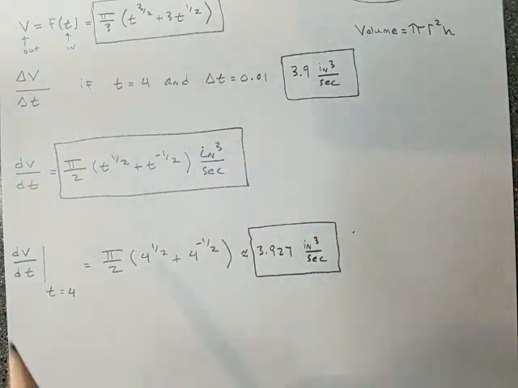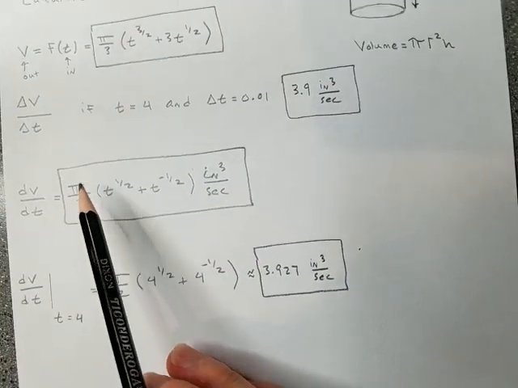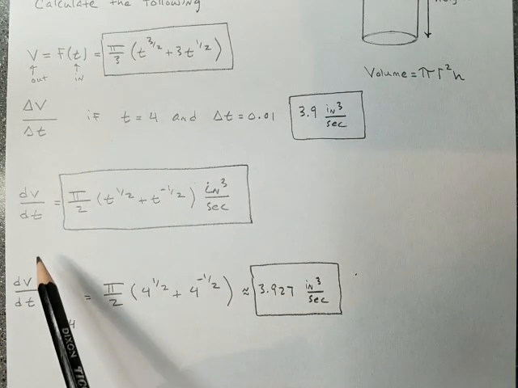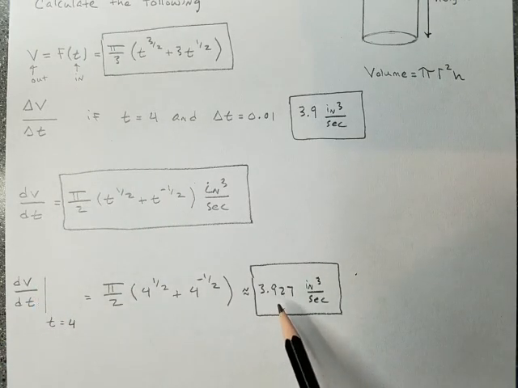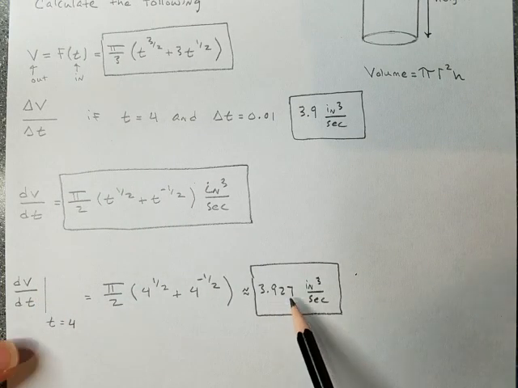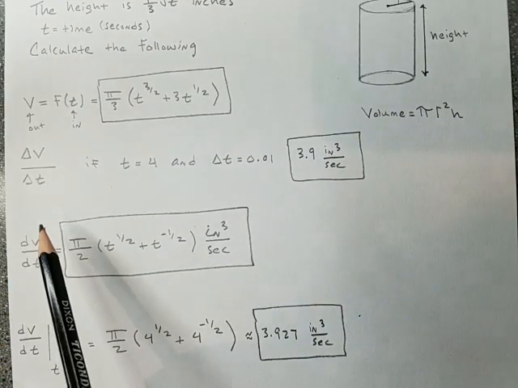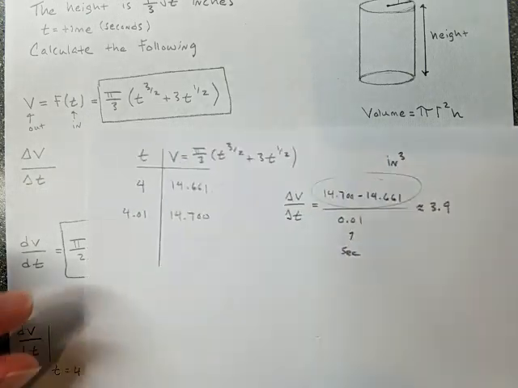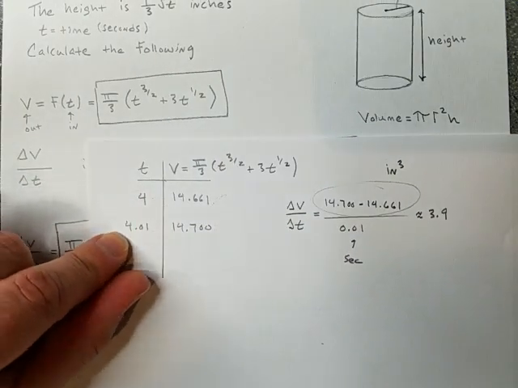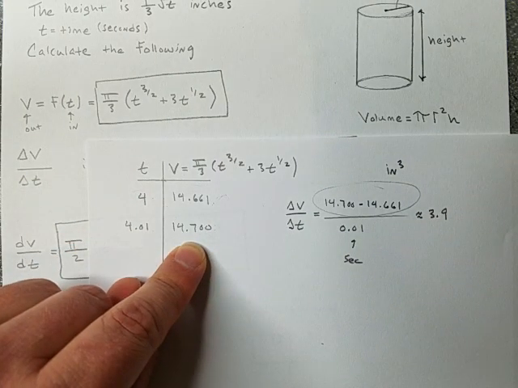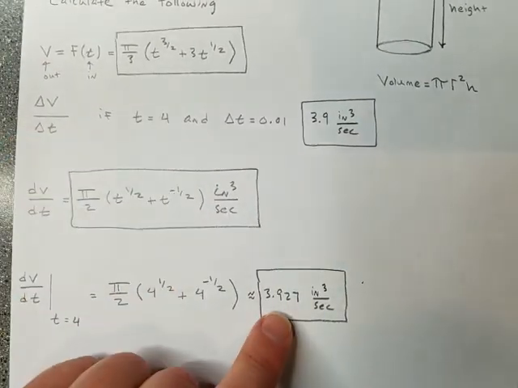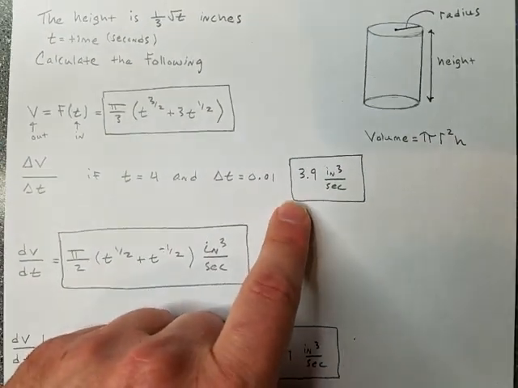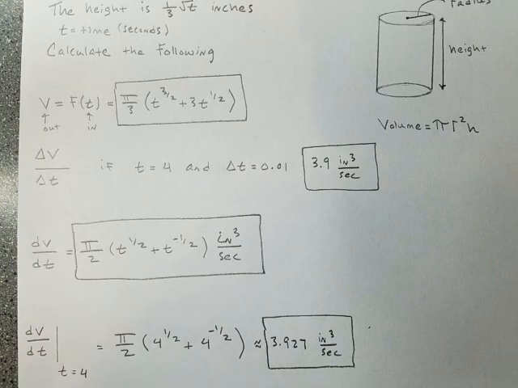So if I calculate dV over dt, the derivative of volume with respect to time, and I get 3.9, then you could say, oh, well, what that means is that if I measured a change in time and measured the resulting change in volume, 3.9 is about what I get. And I did that, and I showed you that that is in fact what happened. So that gives you a way to think about what a derivative means.